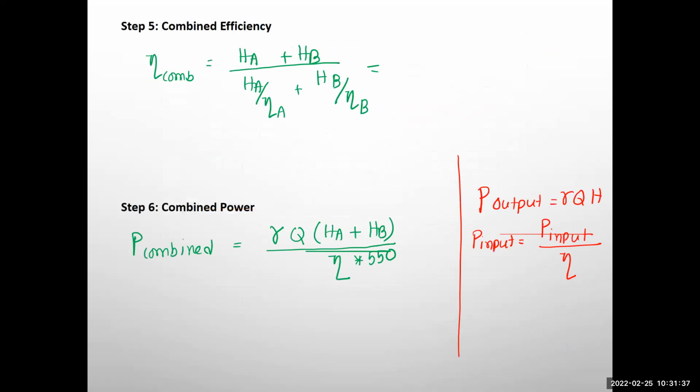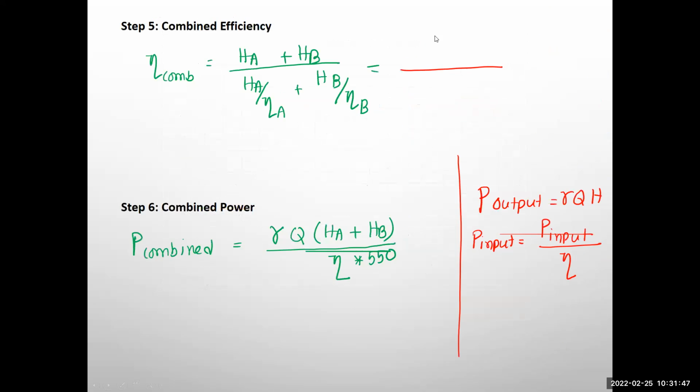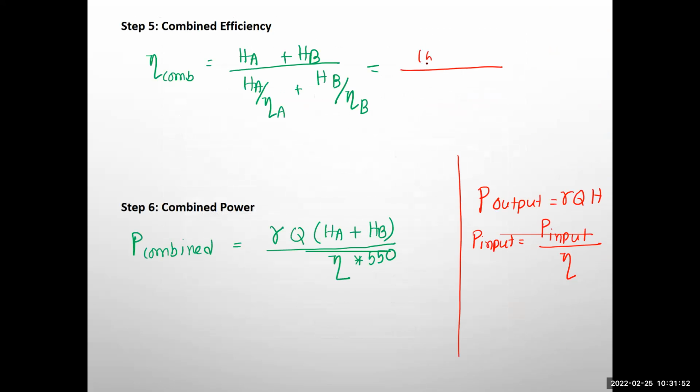Okay, good. So combined head curve, we have, what was the number we got? 152, 108, 152 over 71, 108 over 76.